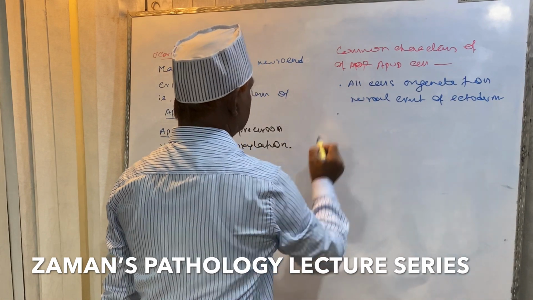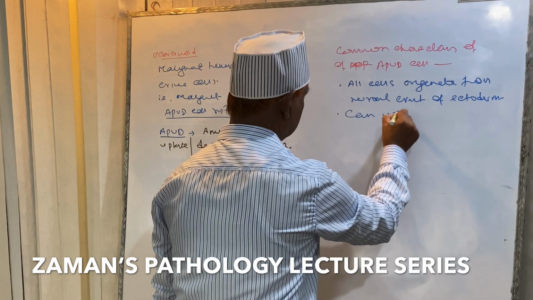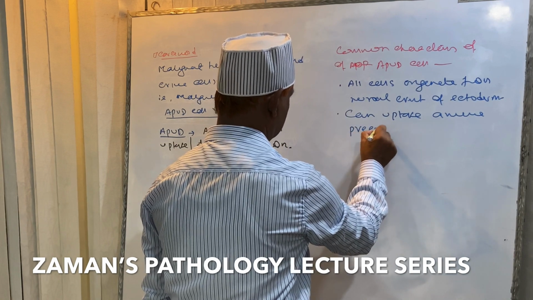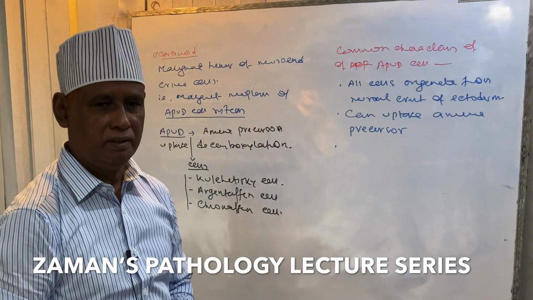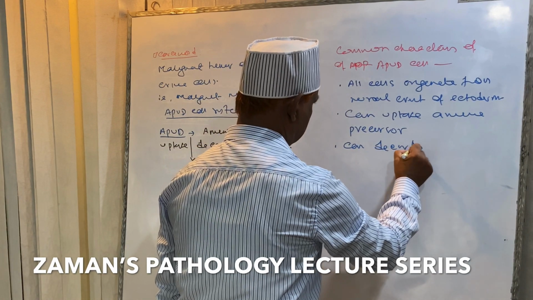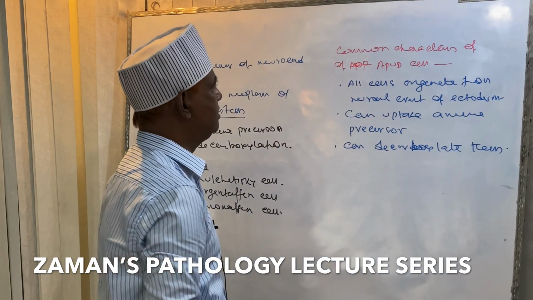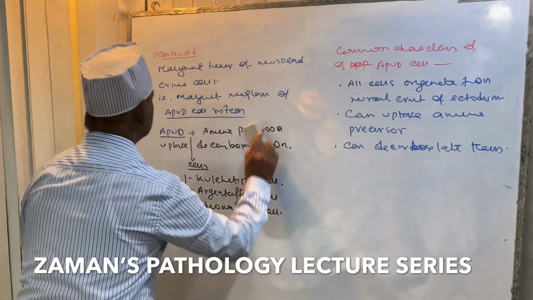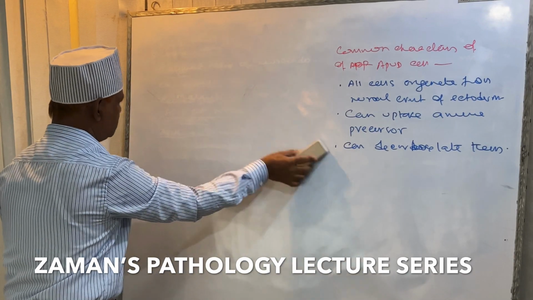The cells can uptake amine precursors, and all the cells can decarboxylate them. So, these are the common characteristics of the Apud cell system. The malignant tumor that arises from these cells is called carcinoid.